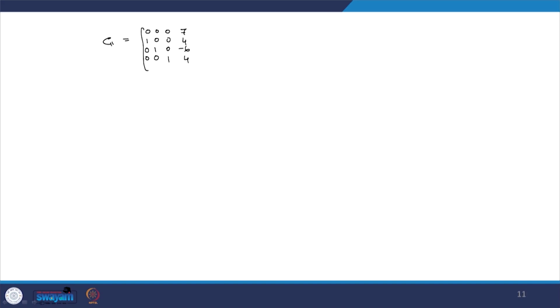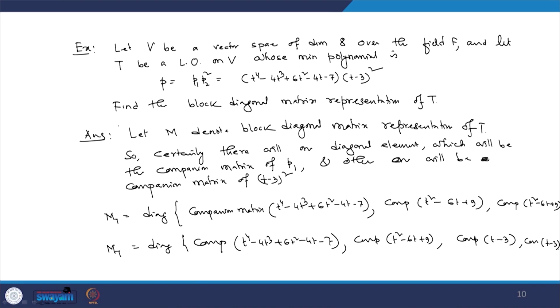So, see, the companion matrices are related to P1, and C21 I can say is 0 1, minus 9, plus 6, and C22 is also the same as C21. In this way you know how to calculate the companion matrix, so you can have a block diagonal matrix representation of the operator T.